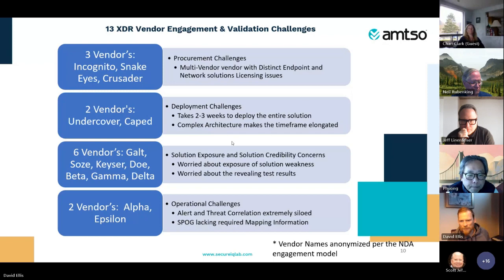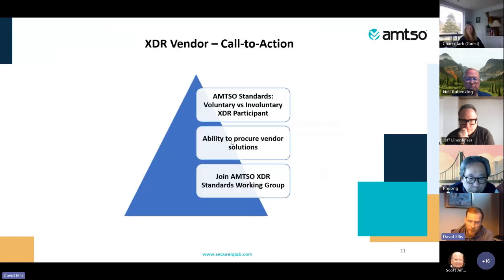All right, David. So in terms of our call to action, at the very least, we recommend that if you're in the XDR space or planning to be in the XDR space, you join the AMTSO XDR standards working group and make sure that your voice is heard as AMTSO builds out our standard for XDR testing.